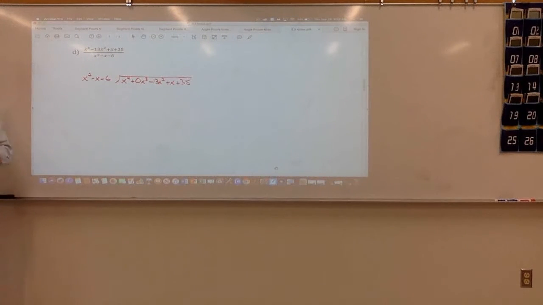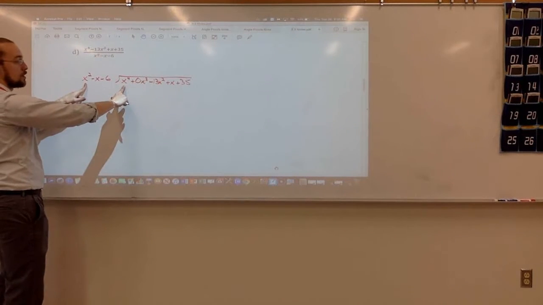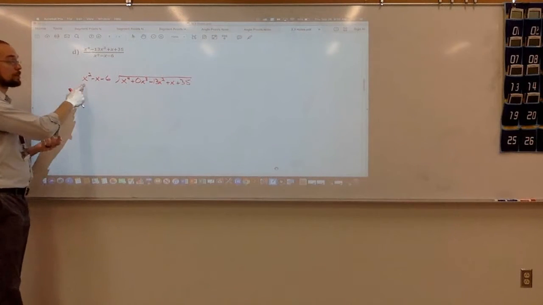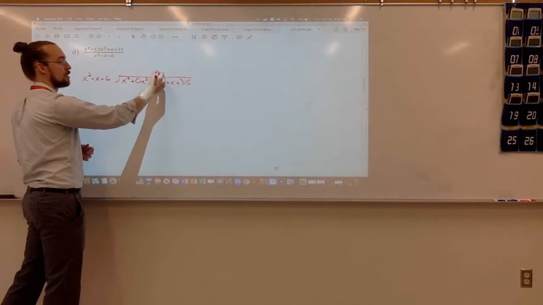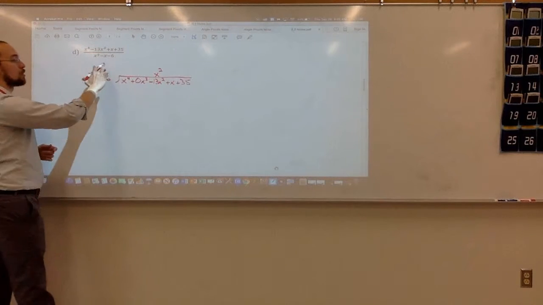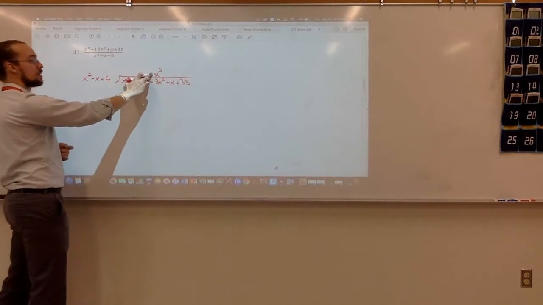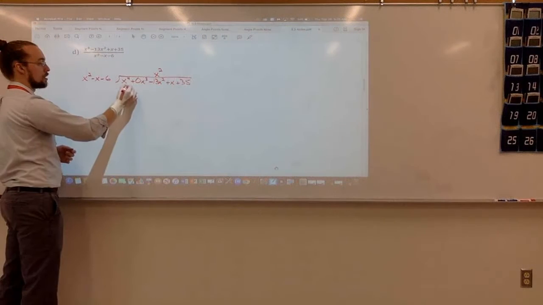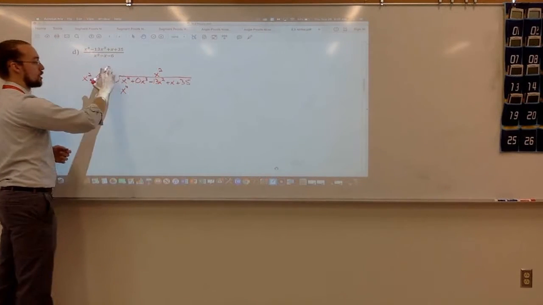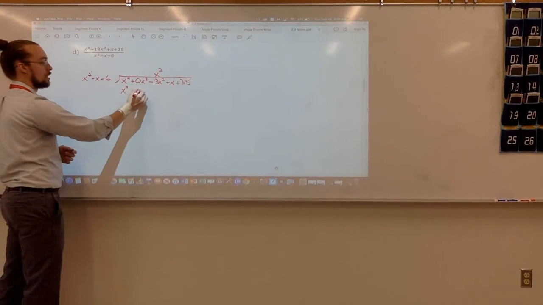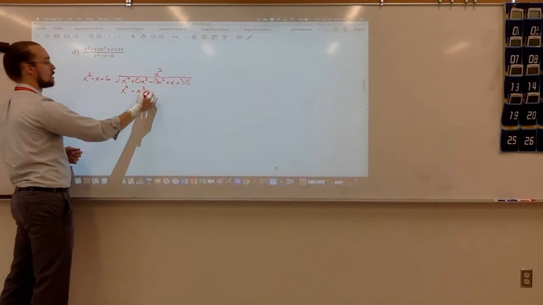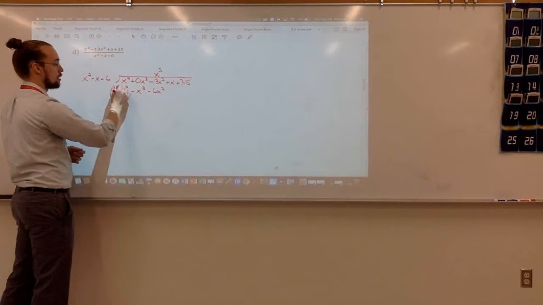Now we're just going to go through the same process. Looking at the first terms, to get from x squared to x to the 4th, I would need to multiply by x squared. So I multiply all 3 of these by x squared. x squared times x squared is x to the 4th. x squared times negative x is negative x cubed. x squared times negative 6 is negative 6x squared.